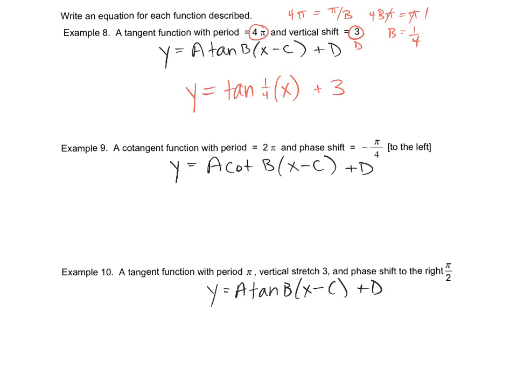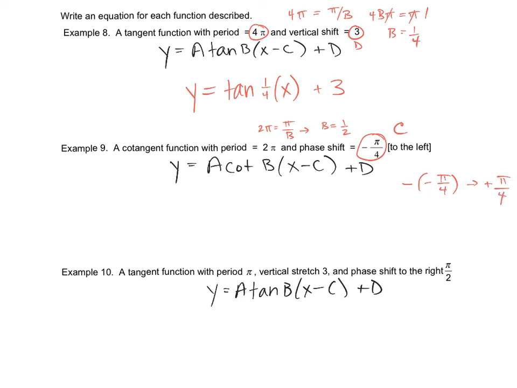All right, let's move on to example 9. So the period is 2 pi, so 2 pi equals pi over b, which means that b has to equal 1/2. There is a phase shift of negative pi over 4, so that is C. And remember, if I take minus a negative, that becomes positive.